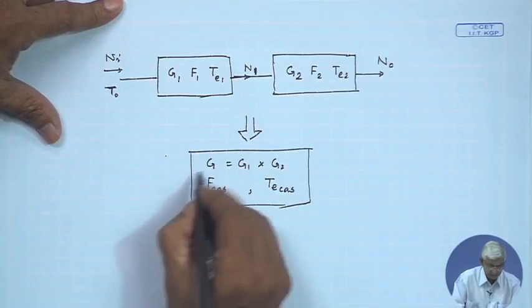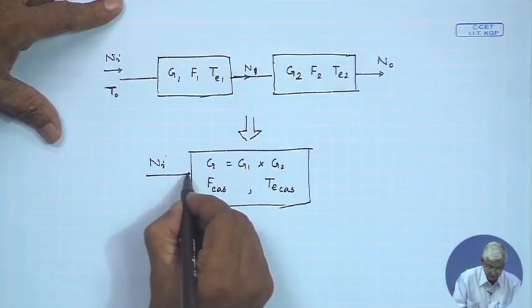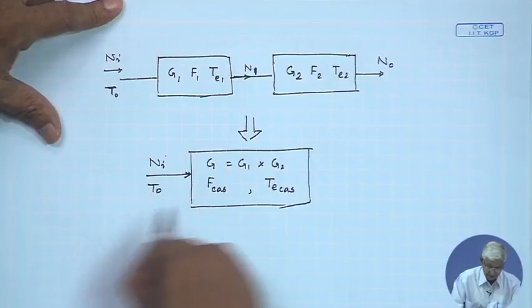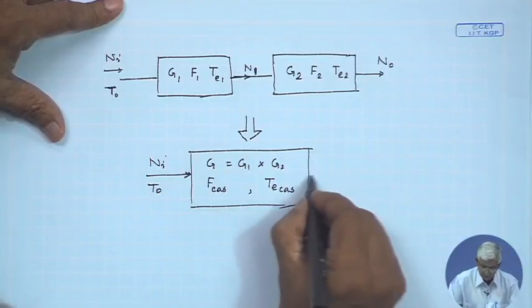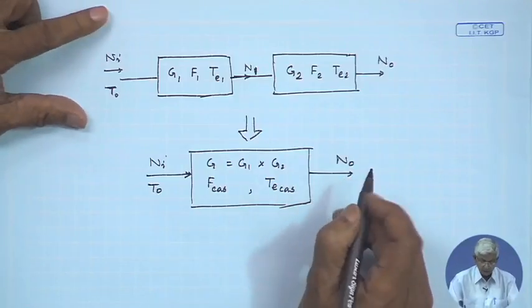It has a similar noise power at the input at temperature T0 and a noise power at the output N0.